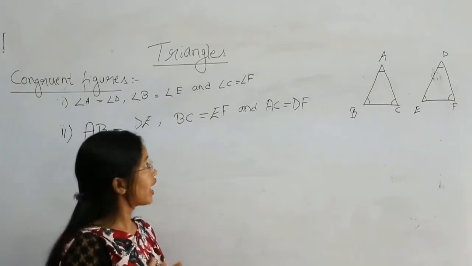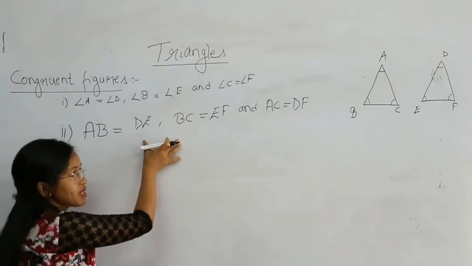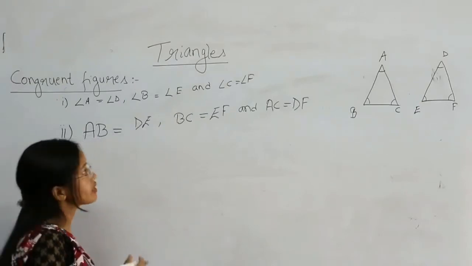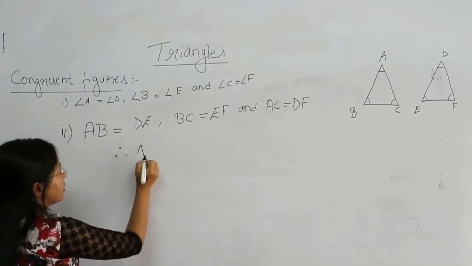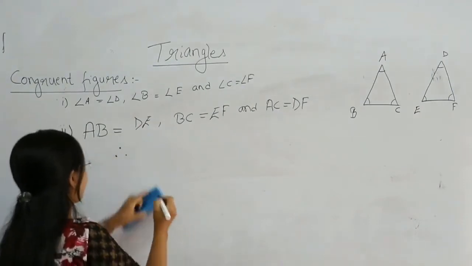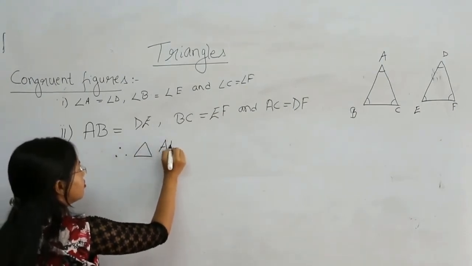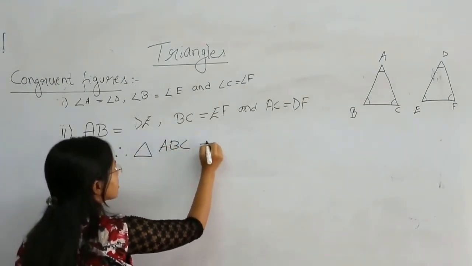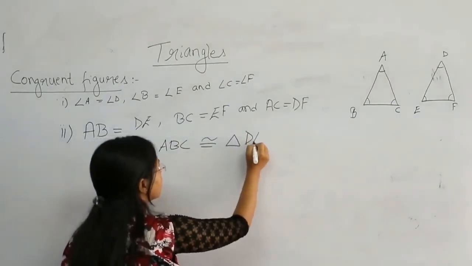So whenever you have two figures having the same angles and the same sides, they are called congruent figures. In mathematical terms, we write triangle ABC is congruent to triangle DEF.